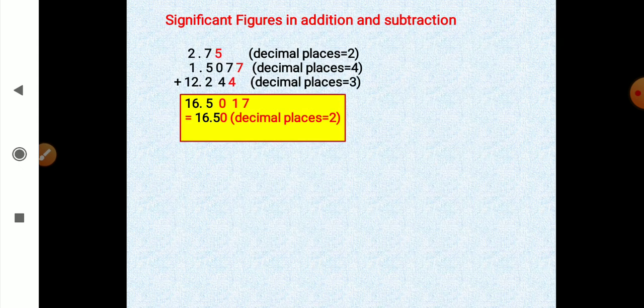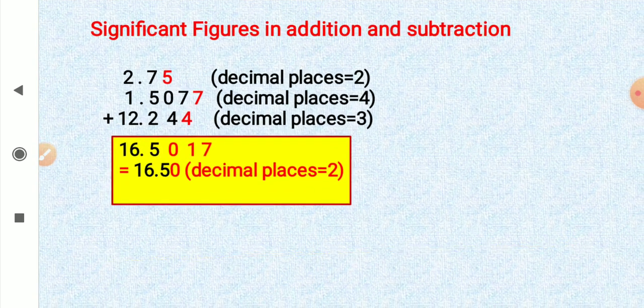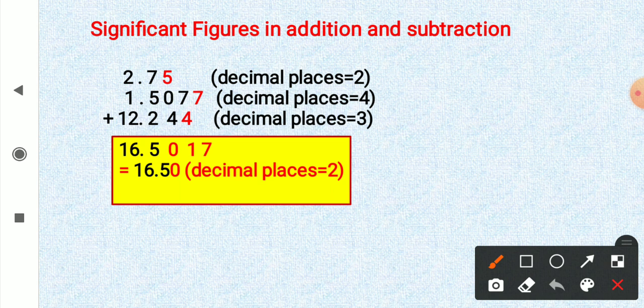And now, significant figures in addition and subtraction. So let us look at the example of a simple addition. I have a number 2.75. It has 2 decimal places and 3 significant figures. Next number, 1.5077, 4 decimal places, 5 significant figures. And then we have 12.244, where decimal places are 3 and significant figures are 5.